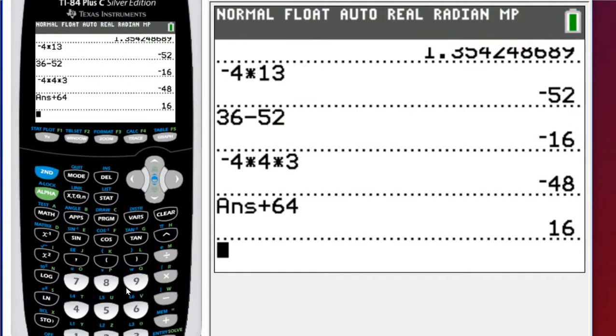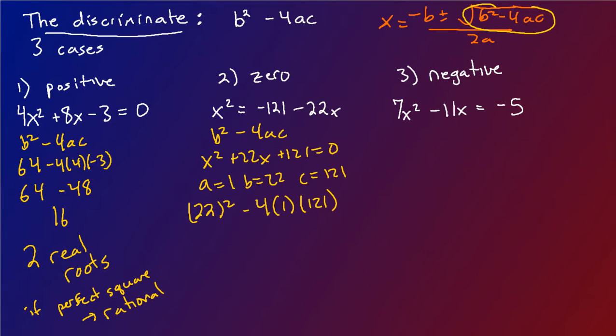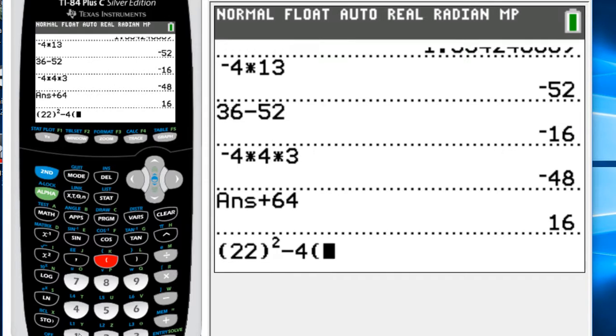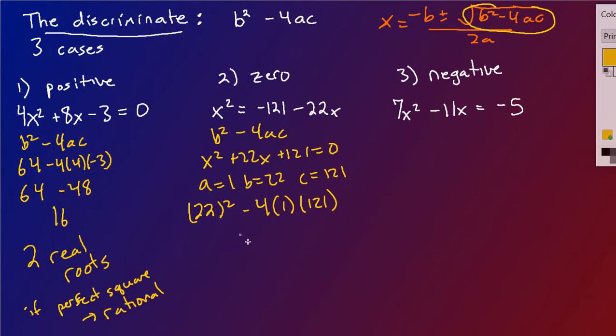So, let's go ahead and put that in the calculator. So I have 22 squared, and then minus 4 times 1 times 121. And now we get a 0 right there. So, equals 0. That means there is one real root, and not only is it a real root, it is also a rational root. So it's both of those.